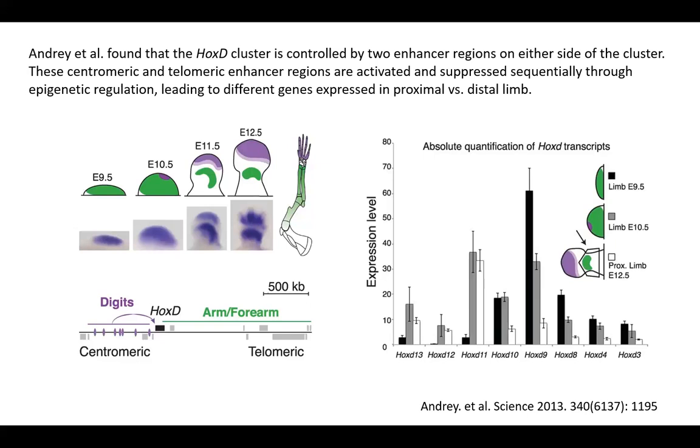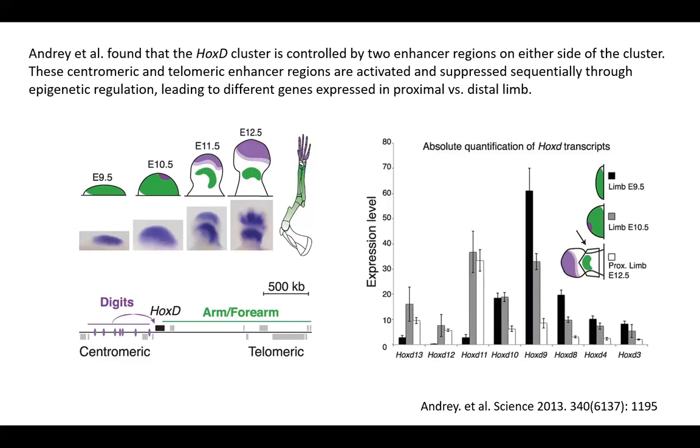And this bar chart is showing you the expression pattern change. The black bars are the early, and initially you can see that Hox 3, 4, 8, 9 are expressed more. And then the gray bars are the middle development, and the white bars are the late development, the digits.